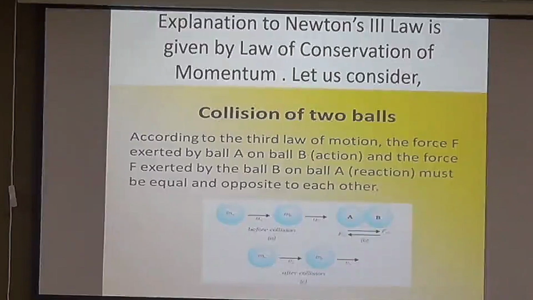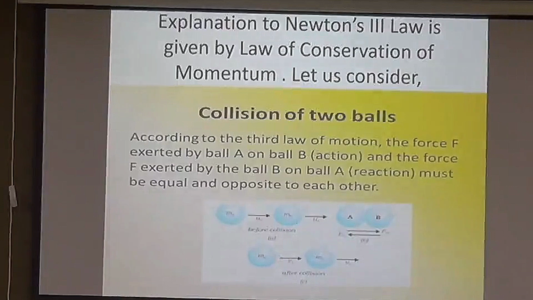Now when they interact for time t, they exert a force on each other. One force will be called action, the other force will be called reaction, and they will be equal to each other according to Newton's third law. Now after the interaction, they move with velocities v1 and v2 respectively.